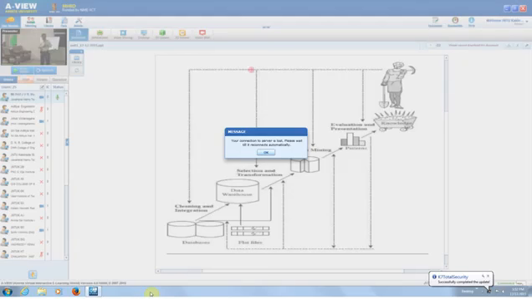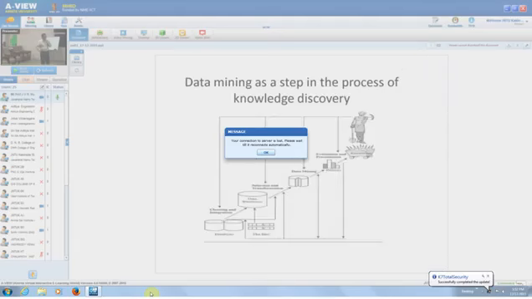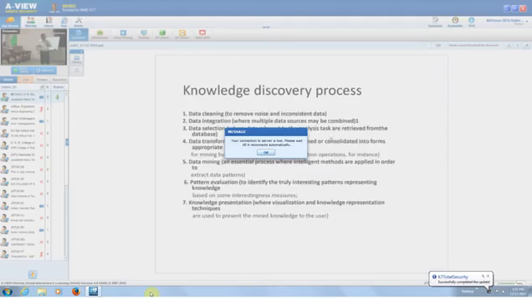Next. In the knowledge discovery process, you have 7 steps. One is data cleaning: remove noise and inconsistent data. Now you got an idea how you will get noise and inconsistent data, right? Second is data integration, where multiple data sources may be combined.